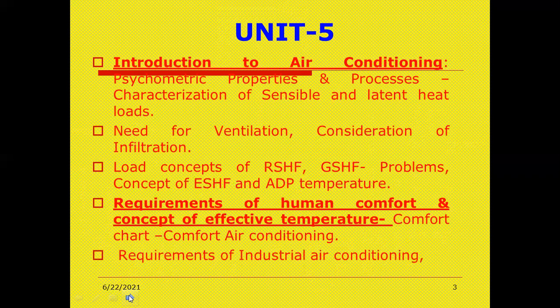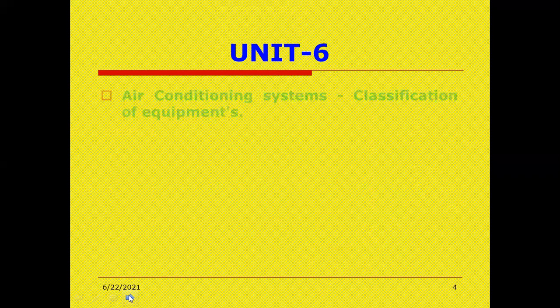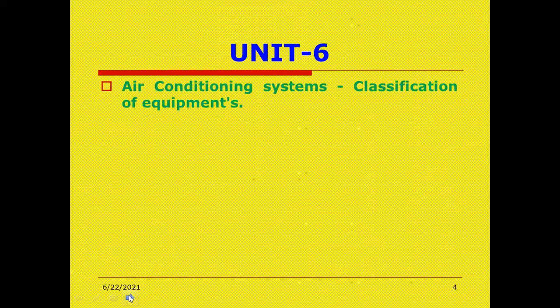Next, requirements of industrial air conditioning and air conditioning load calculations. So these are the topics in unit 5. Next, coming to unit 6, air conditioning systems, classification and equipments.